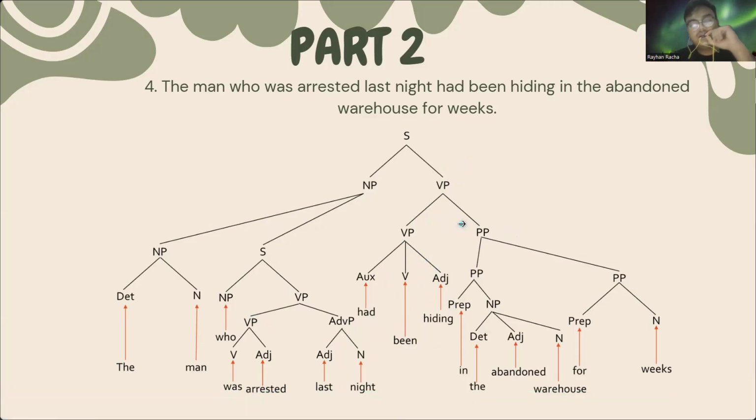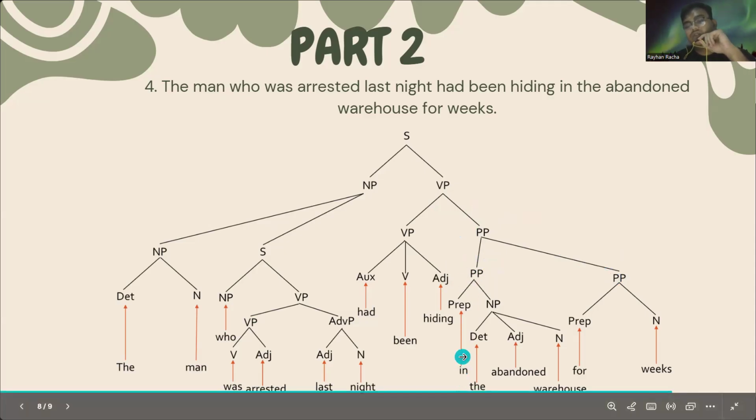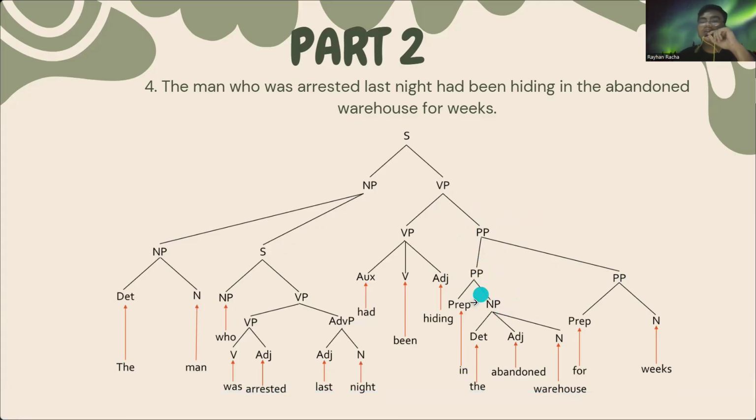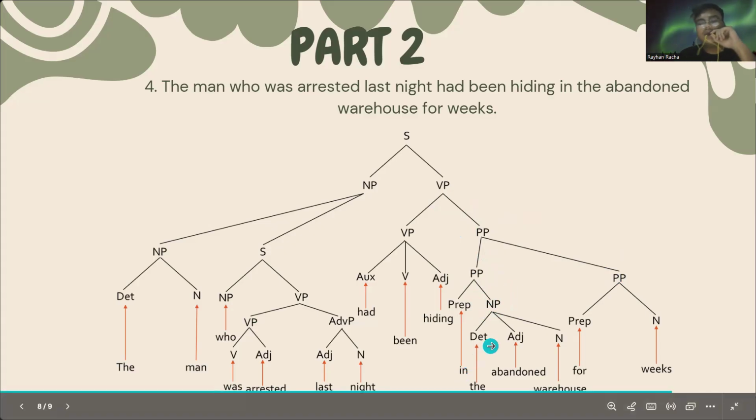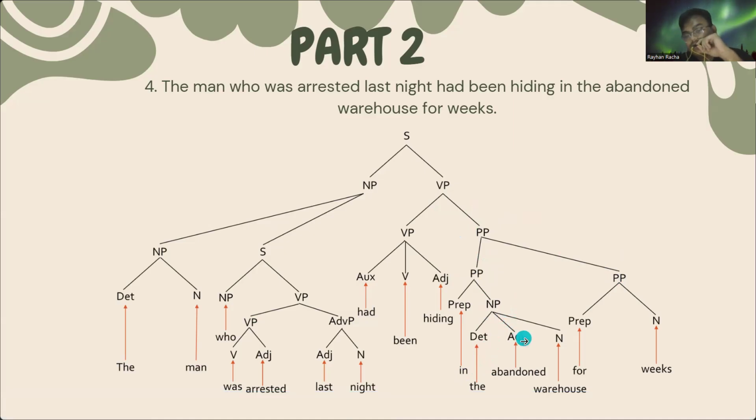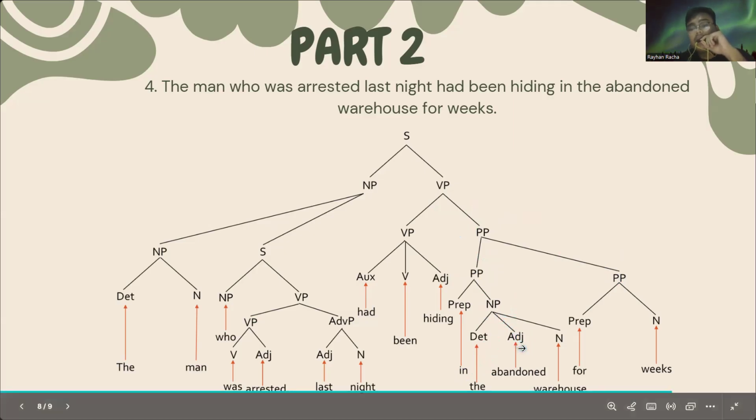So in this prepositional phrase, we divide it into another two prepositional phrases. And the first prepositional phrase is a preposition itself, which was the word in, and we have another noun phrase, which have a determiner, the word the, and also we have an adjective, which was the word abandoned, and also we have the noun itself, which was the word warehouse.